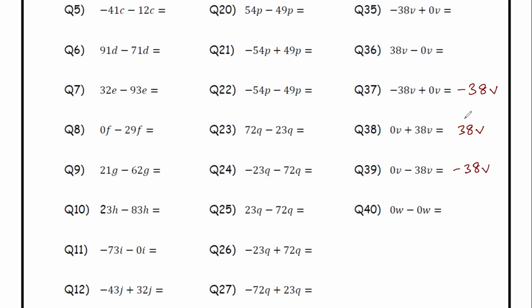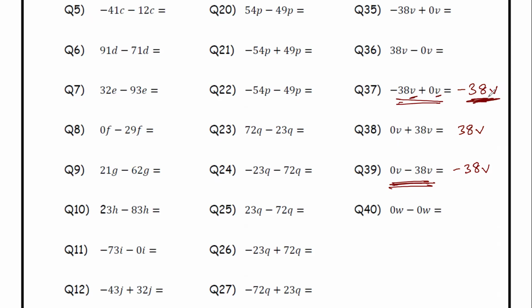So again, you'll be wondering what is going on. It's just that the order is different. Like I said before, there are some students who get confused whether it'll be negative 38 or positive 38. So this is for them to understand that we take the difference of the two absolute values. So 38 and 0, the difference is 38. We add the v because they're given in the v form.